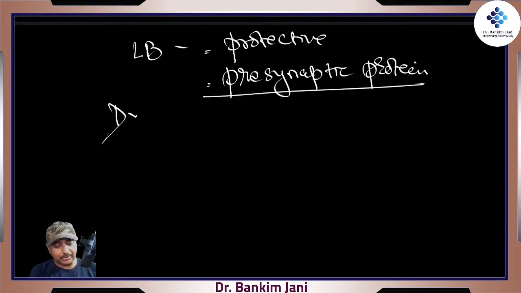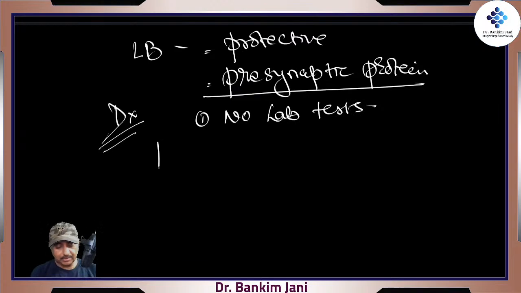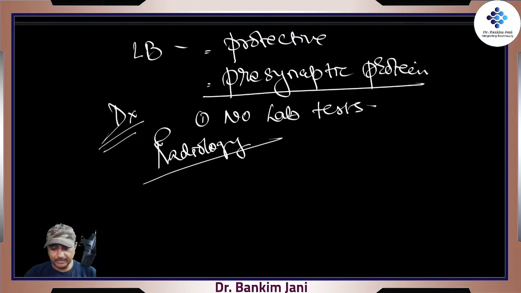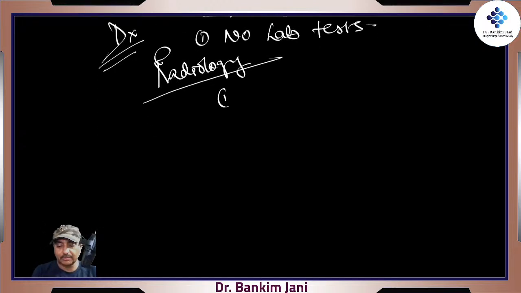Now for the diagnosis, right? One, there are no lab tests. In radiology, there are tests which can give a very precise diagnosis. First, we start with the basic. Either the person goes for a CT scan, and on CT what is really seen is that his cerebral volume is decreased.